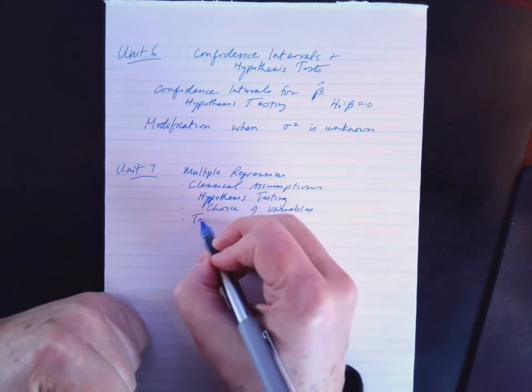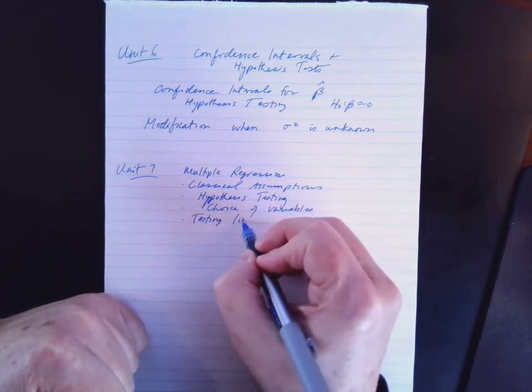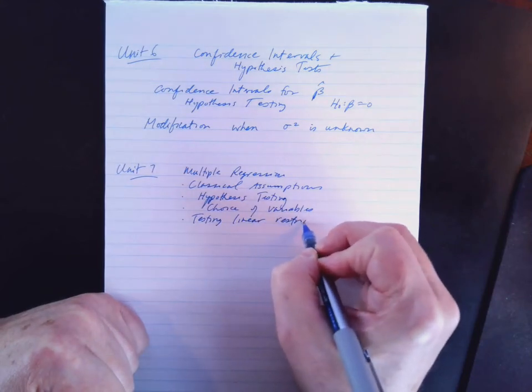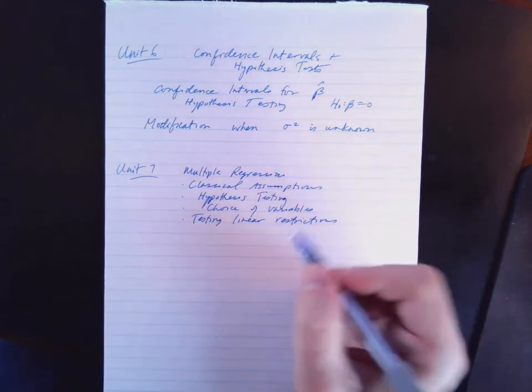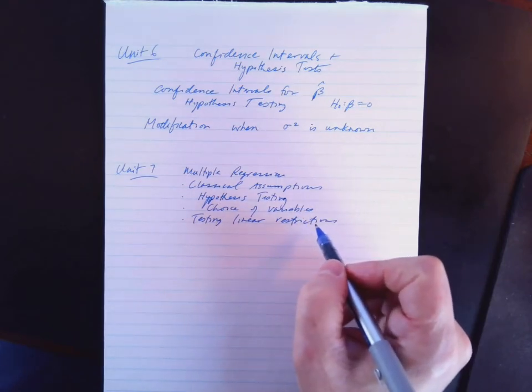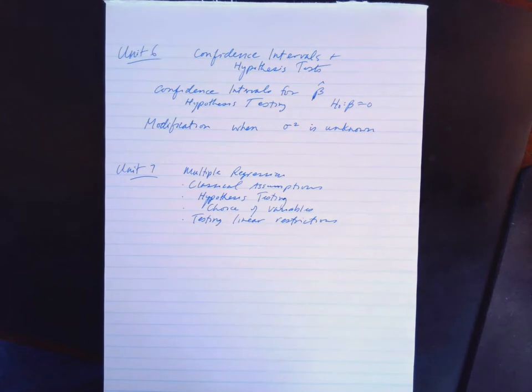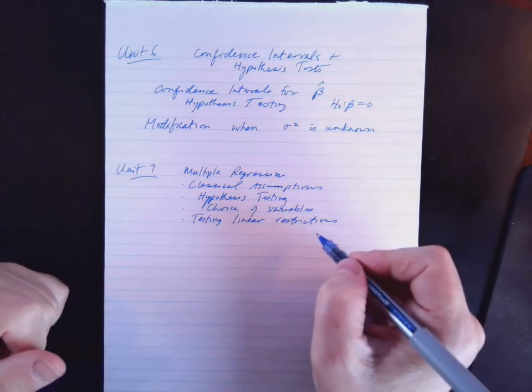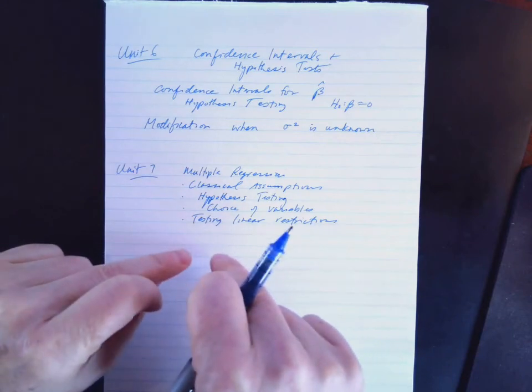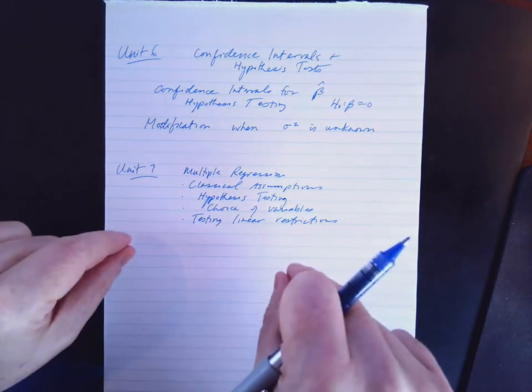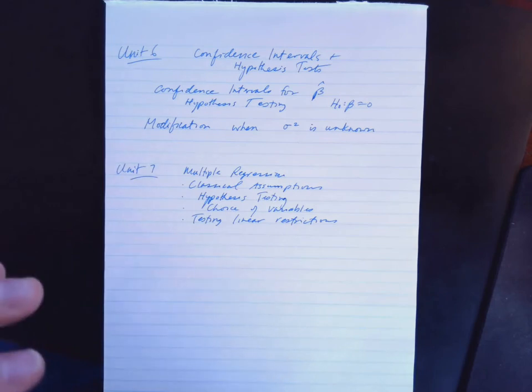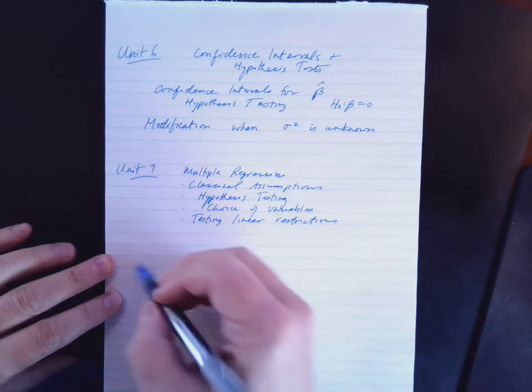And then we also did testing linear restrictions. That was the idea of testing maybe two coefficients in the model, whether they have the same effect, whether they're equal to each other, or any other form of a linear test that we wanted to choose. You remember that our test score is based on whether the sum of the squared residuals changes very much. We looked at the actual formula and then also learned how to do it in R.